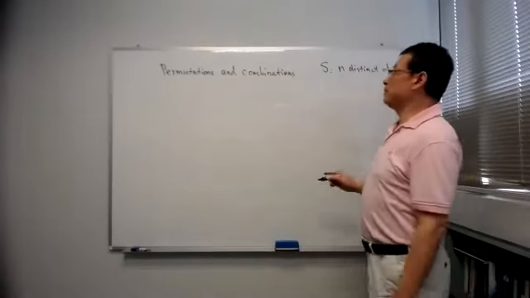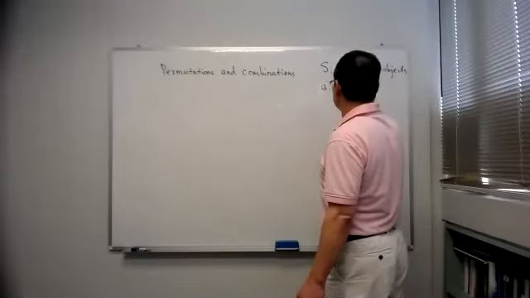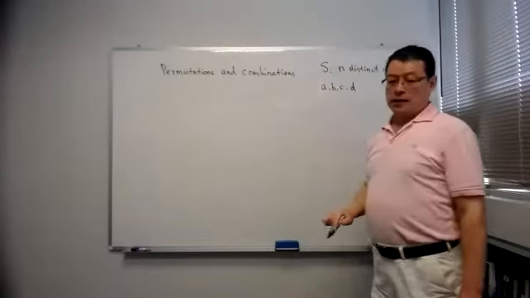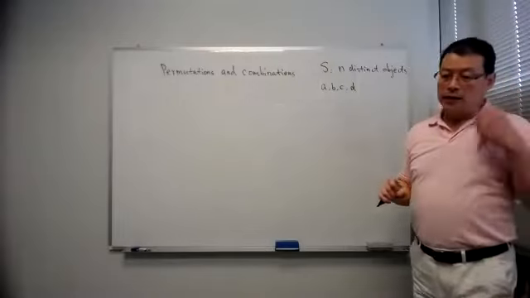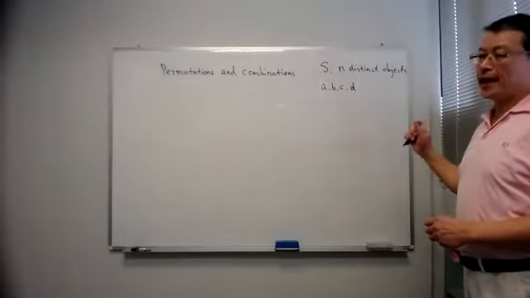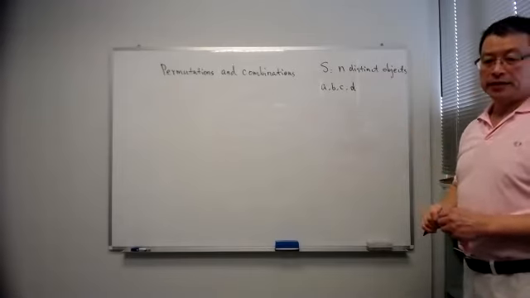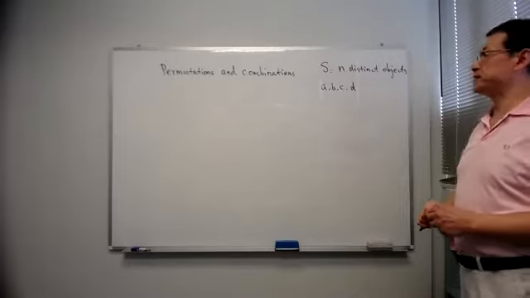For example, S may be A, B, C, D. Permutation deals with choosing k elements from S and arranging them in order. We want to know the number of different ways.